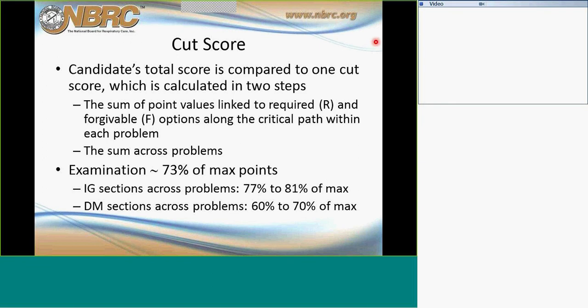In contrast to the options that are given the R label, which have positive scores, forgivable options will have negative scores, and more specifically, a mild negative, a -1, as opposed to a -2 or a -3. So forgivable options are limited to only the mild errors, and the label forgivable is intended to be descriptive.